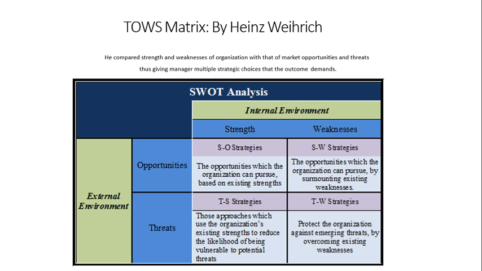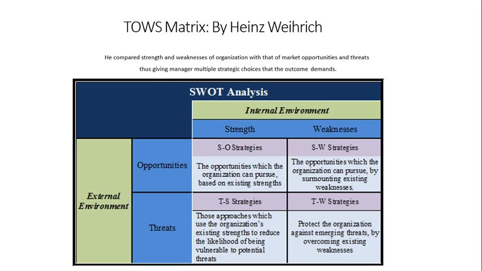As I told you, external factors are opportunities and threats, and internal factors are strengths and weaknesses. When you take the ST strategy, those are approaches which use the organization's existing strengths to reduce threats. What are the internal factors that will help you to minimize external threats?